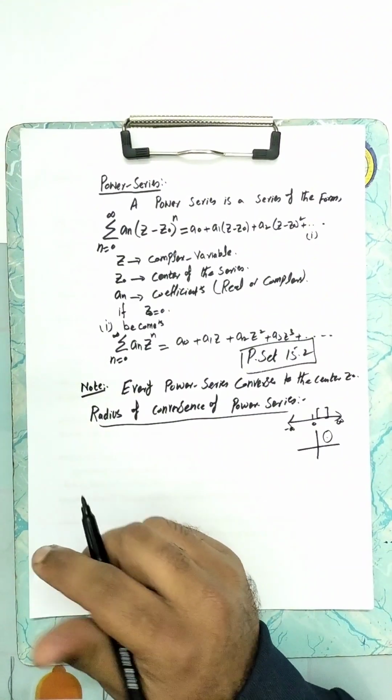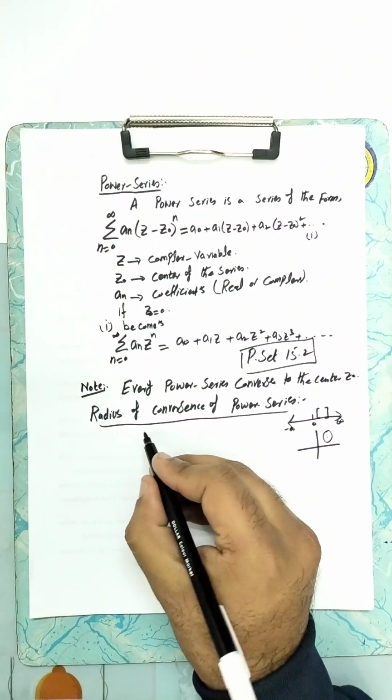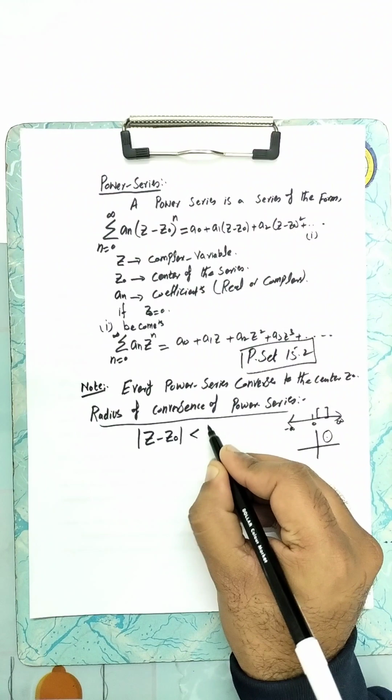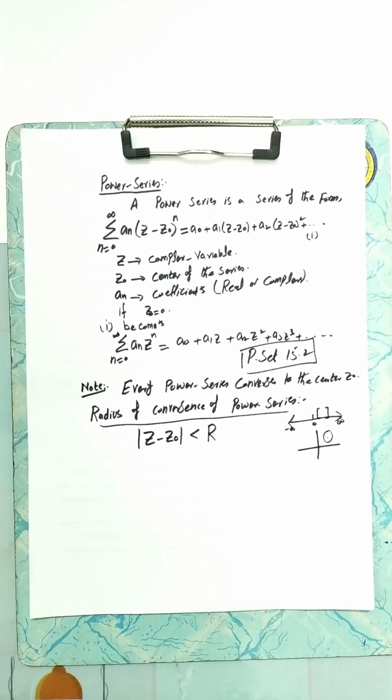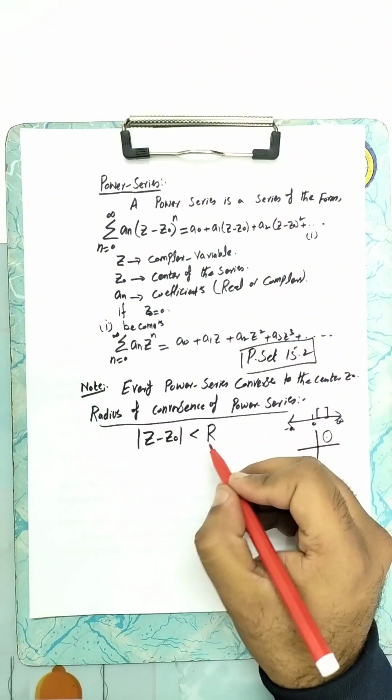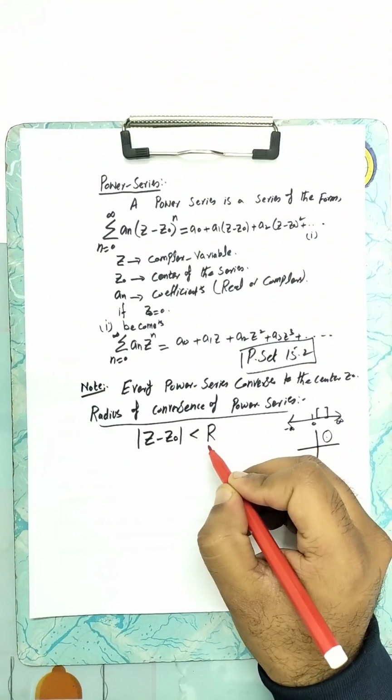So the radius of convergence of power series is defined as |z minus z naught| less than R, and this R is the radius of the power series.